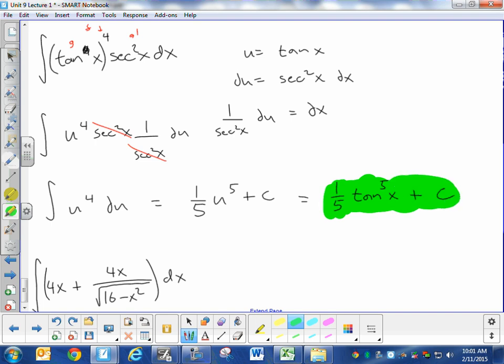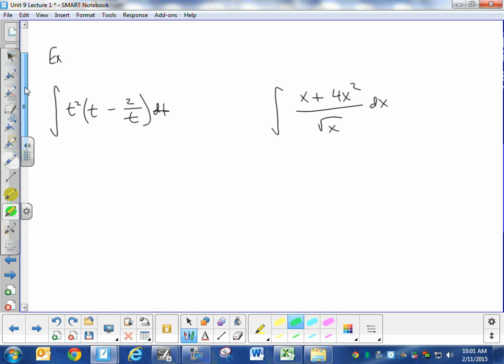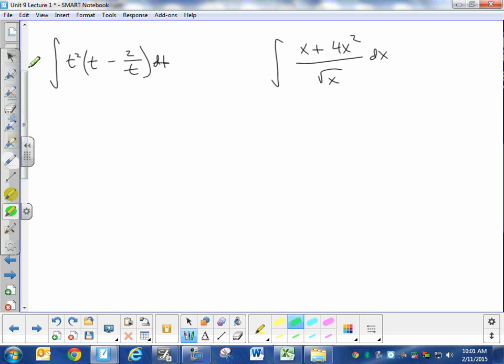All right, let's try another one. Do this one on the left. What are our guesses?